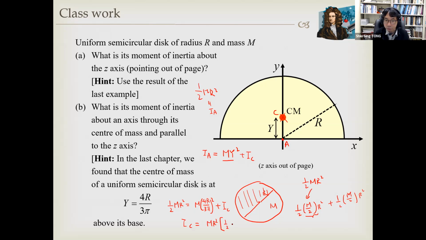This is 1/2 plus 16 divided by 9 pi squared. Oh, sorry, this is a minus sign. So this is the answer. So that's how we find I_C.